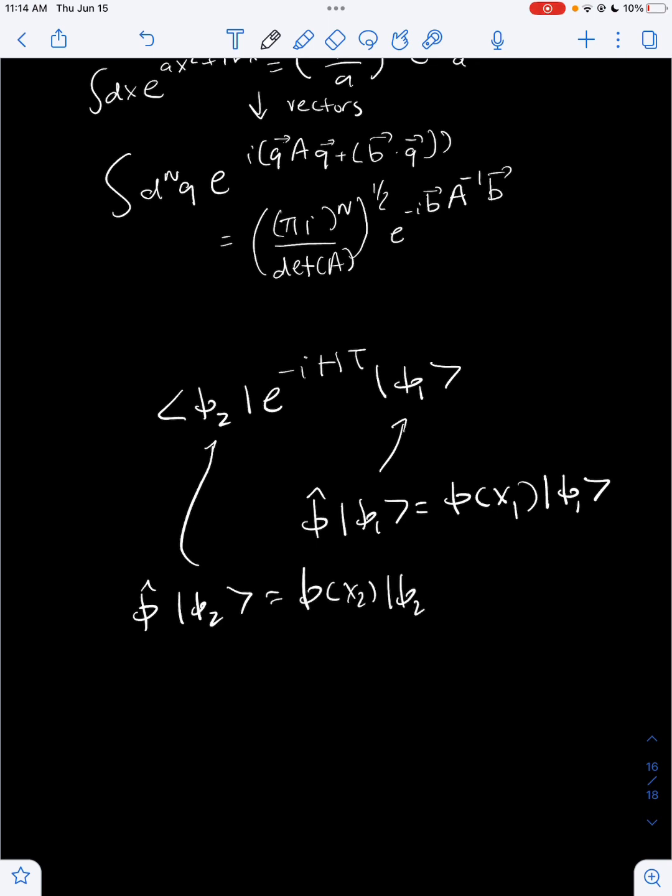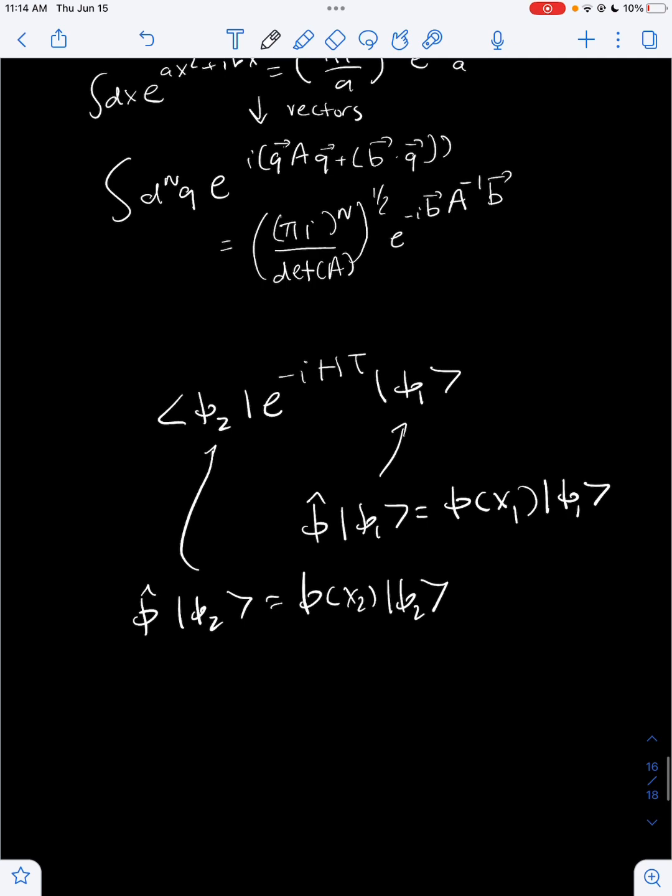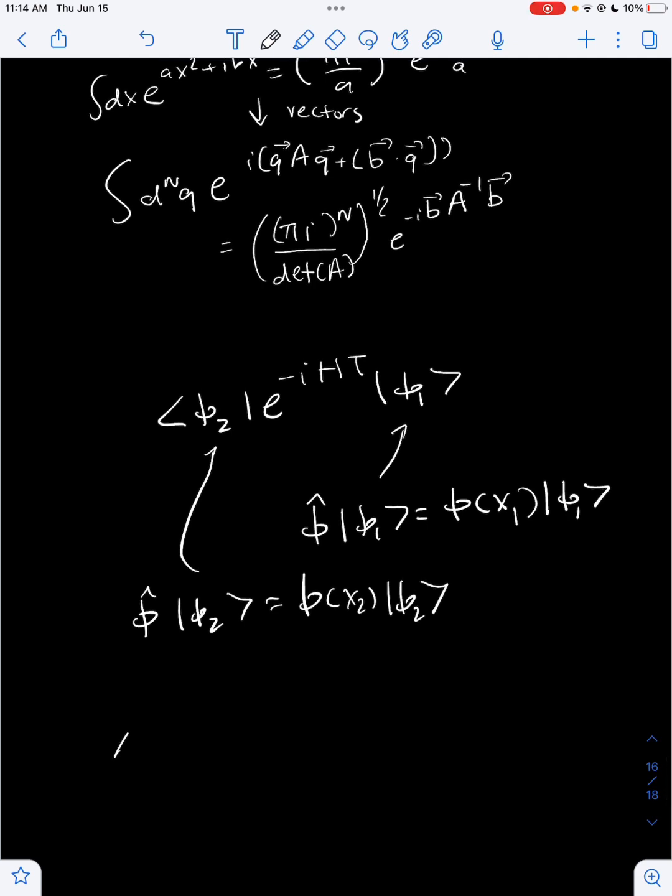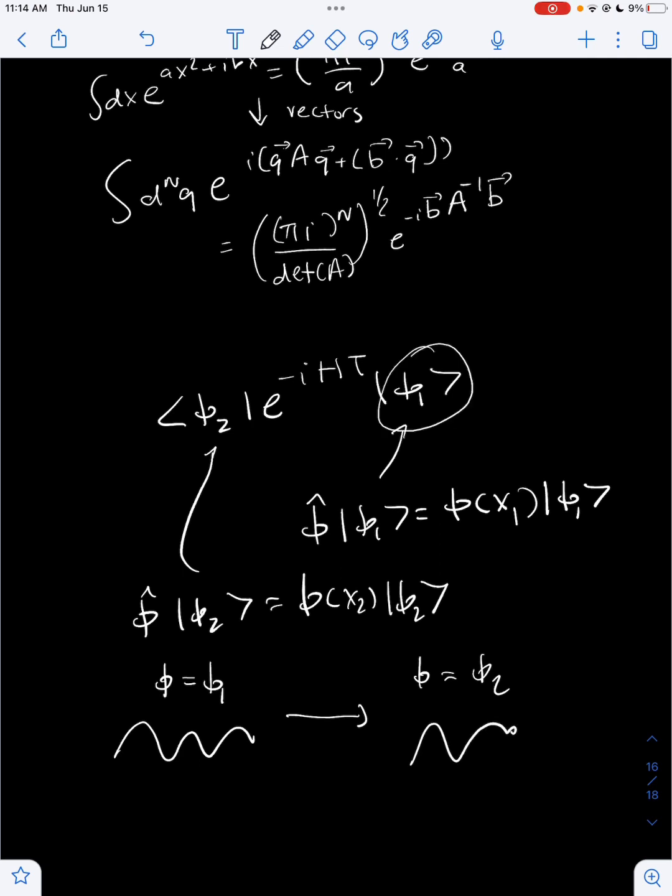So this kind of boils down to really asking for the probability that the field evolves from phi equals phi1 to phi equals phi2, because these field eigenstates represent particular configurations of fields, just like how the position eigenstates represented particular configurations of positions.